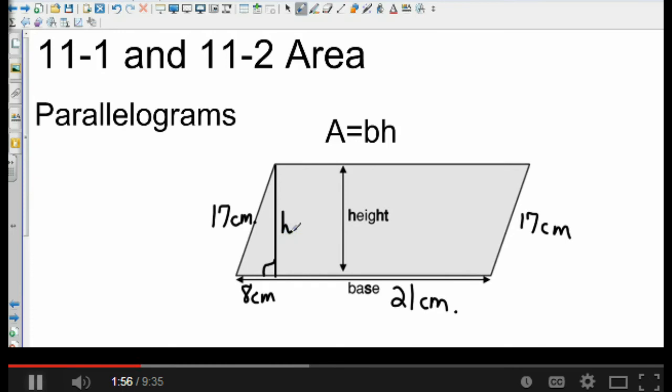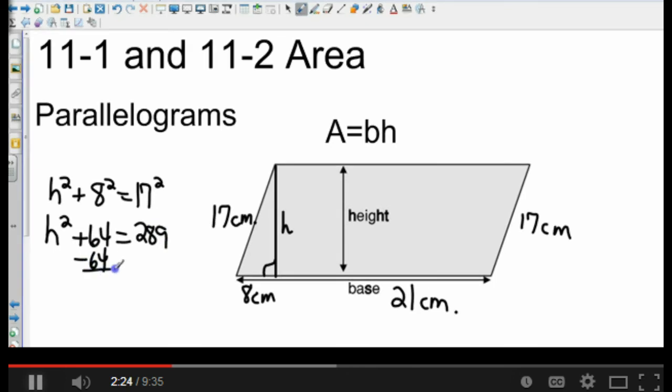So I've got a right triangle there. I'm going to use the Pythagorean theorem to find the missing side. In this case, it's h squared plus 8 squared equals 17 squared. That gives me h squared plus 64 equals 289.